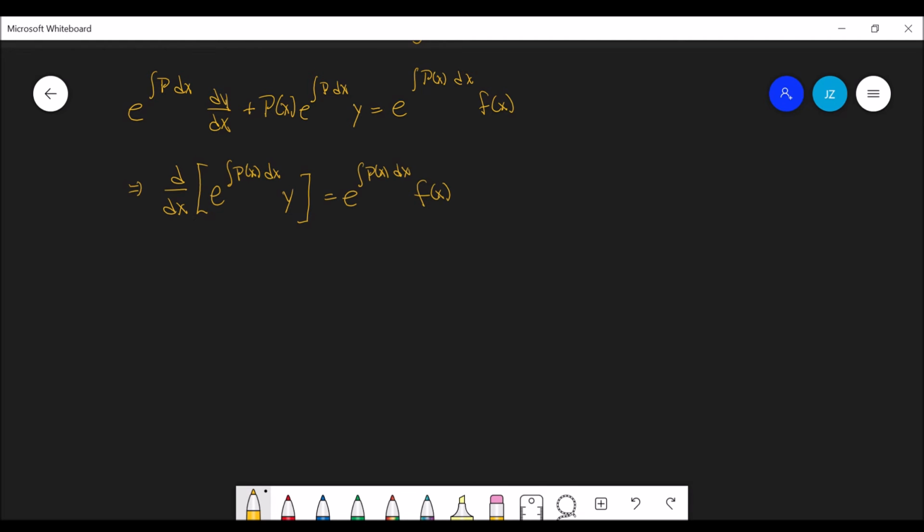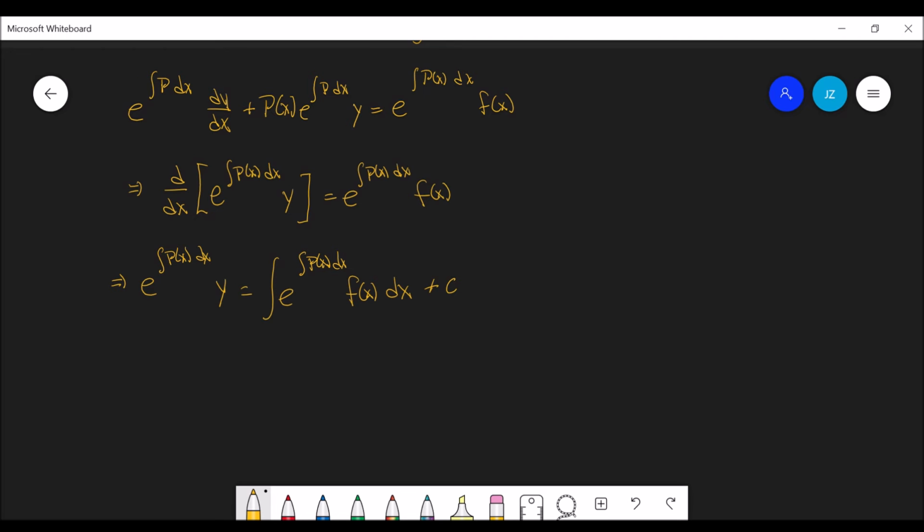We can now integrate both sides, and we get e to the integral of p(x) dx times y is equal to the integral of e to the integral p of x dx times f of x dx plus some constant c.